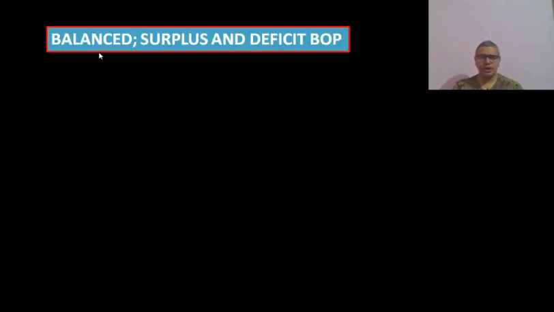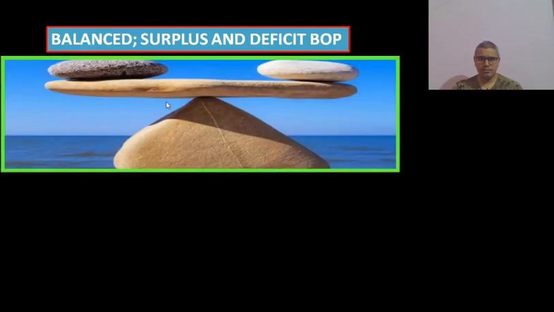Now further, today we will discuss balanced, surplus and deficit balance of payment. What do we mean by balanced balance of payment?